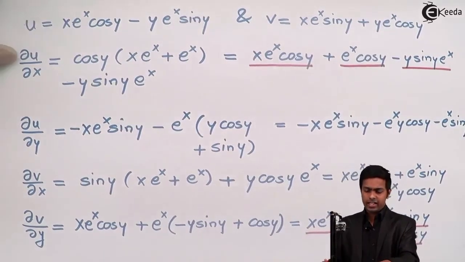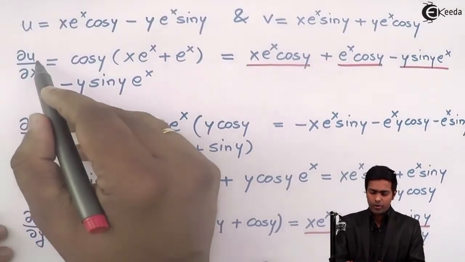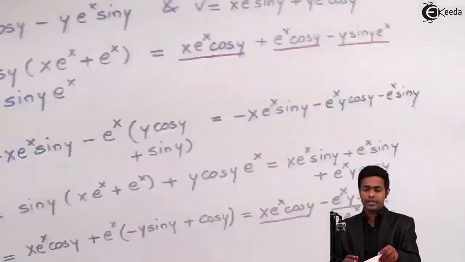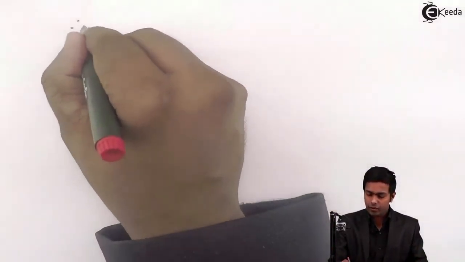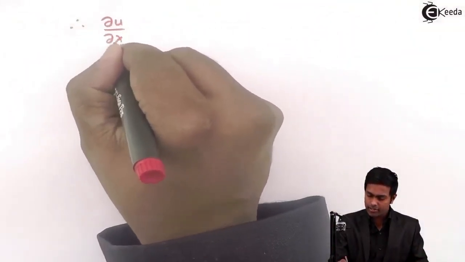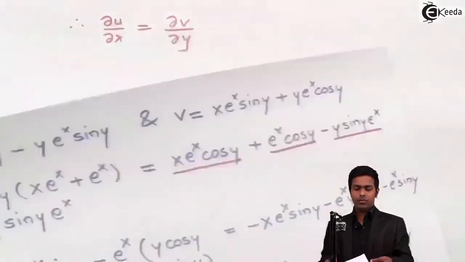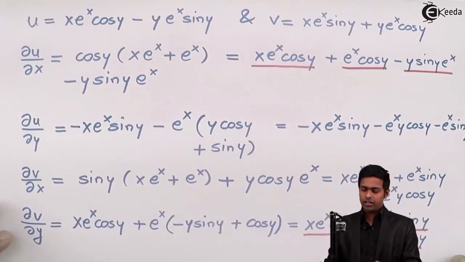So can I say that dou u by dou x is equal to dou v by dou y? Yes, that's absolutely right. So here I'll say therefore dou u by dou x is equal to dou v by dou y.